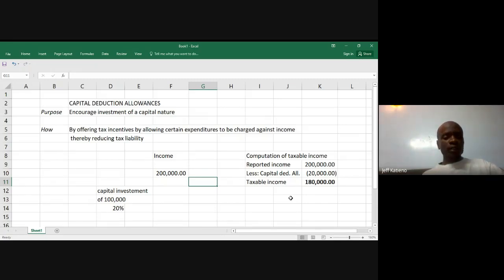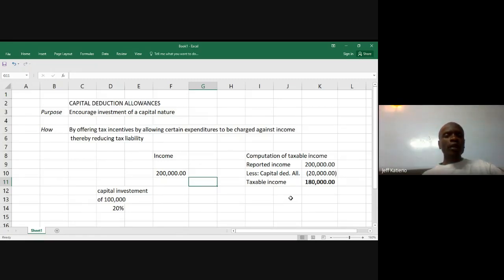Investment is costly. There's the cost of land, machinery, equipment, film production, software, computers, furniture, motor vehicles, tractors, lorries, printers. Capital expenditures are expensive.